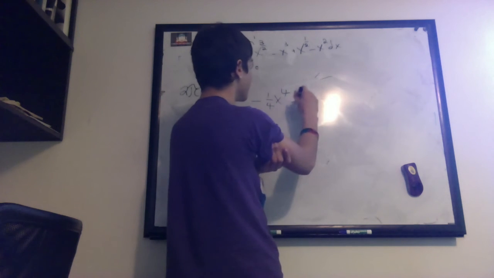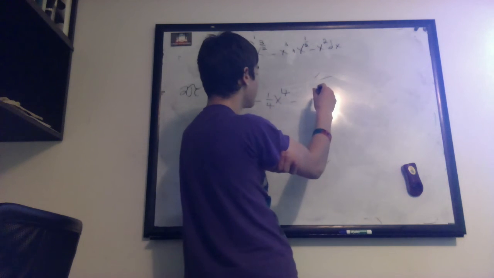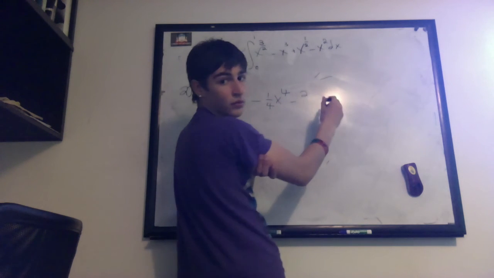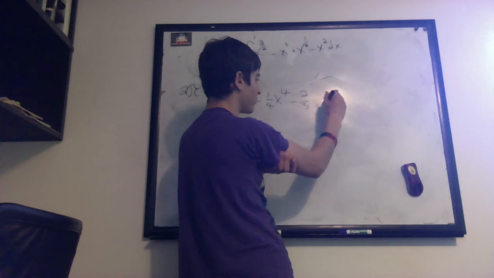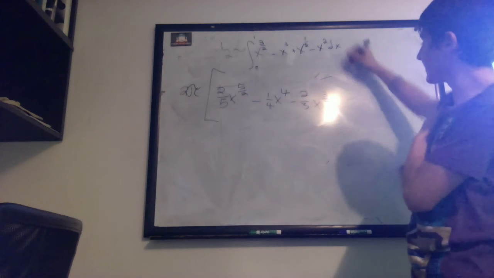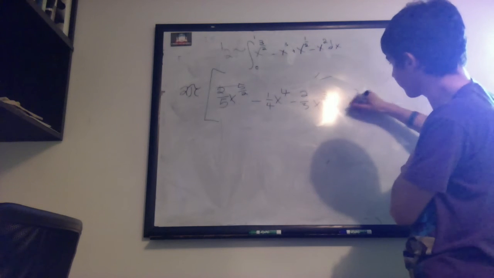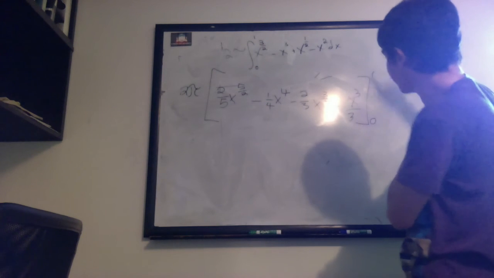This one, x to the 1 over 2, is going to become a 3 over 2, so we're going to put a 2 over 3 times x to the 3 over 2. Last one: minus x cubed over 3, between 0 and 1.